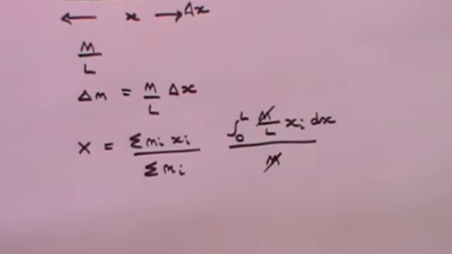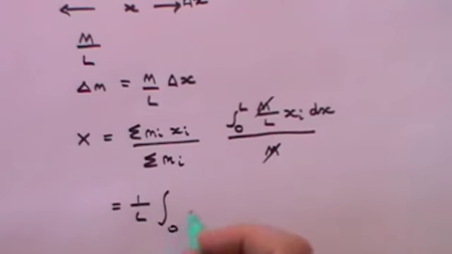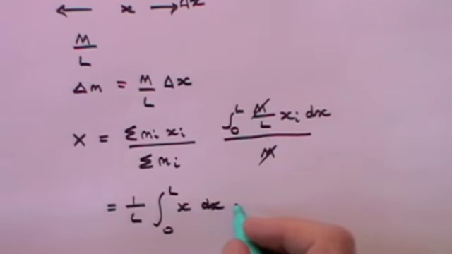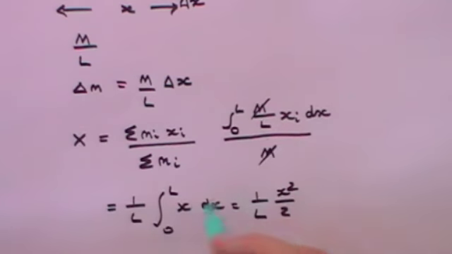L is a constant term, so that can now come outside the integral, and you've got 1 over L times the integral from 0 to L of x dx.